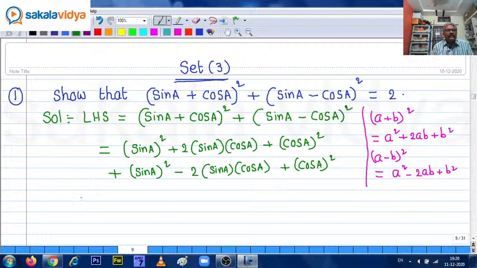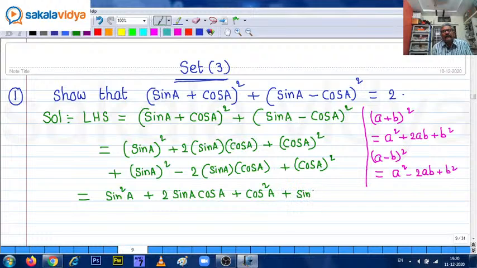Yes. So now this equals to sin A whole square is sin square A plus 2 sin A cos A plus cos square A plus sin square A minus 2 sin A cos A plus cos square A. See, here we have plus 2 sin A cos A minus 2 sin A cos A gets cancelled.